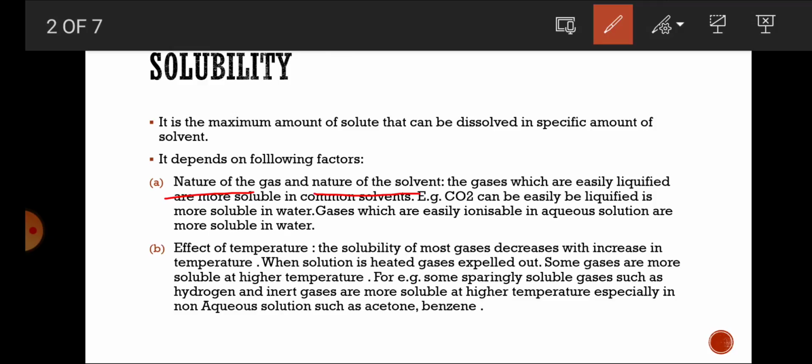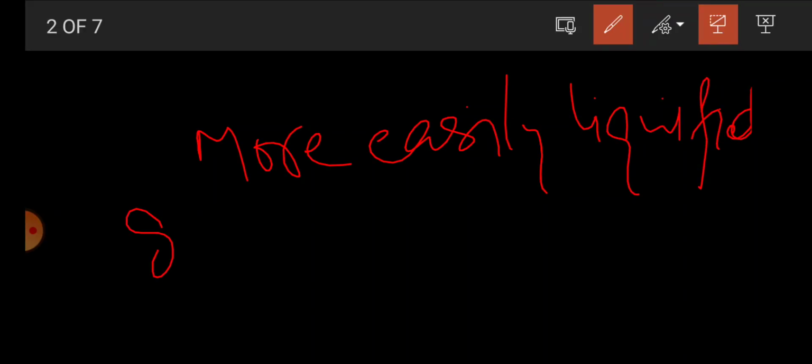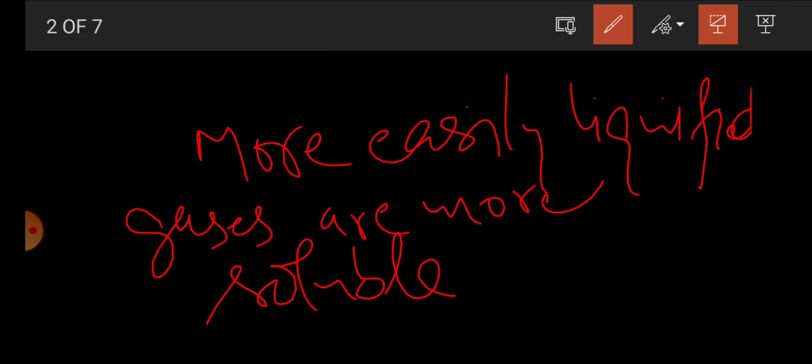So if the gases are more easily liquefied, they are more soluble. So more easily liquefied gases are more soluble.